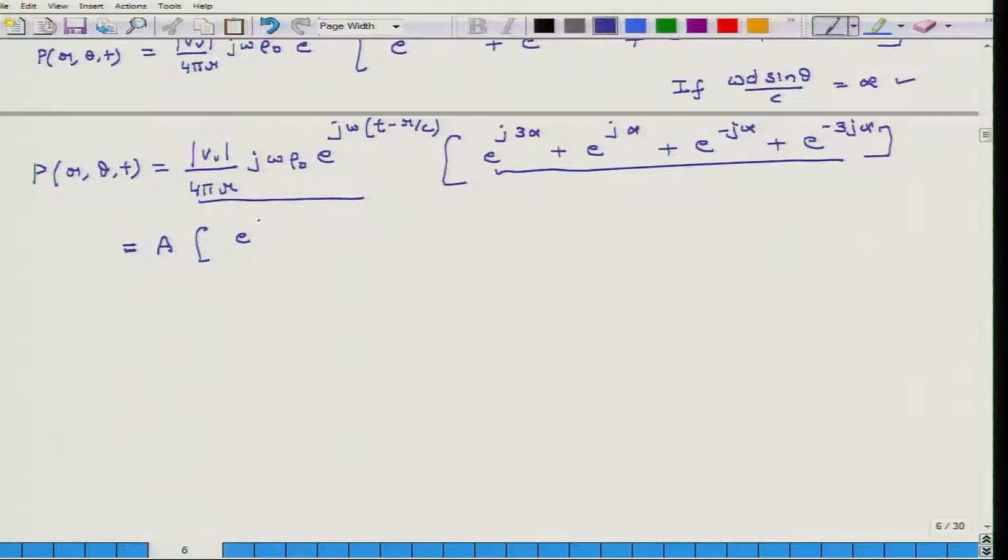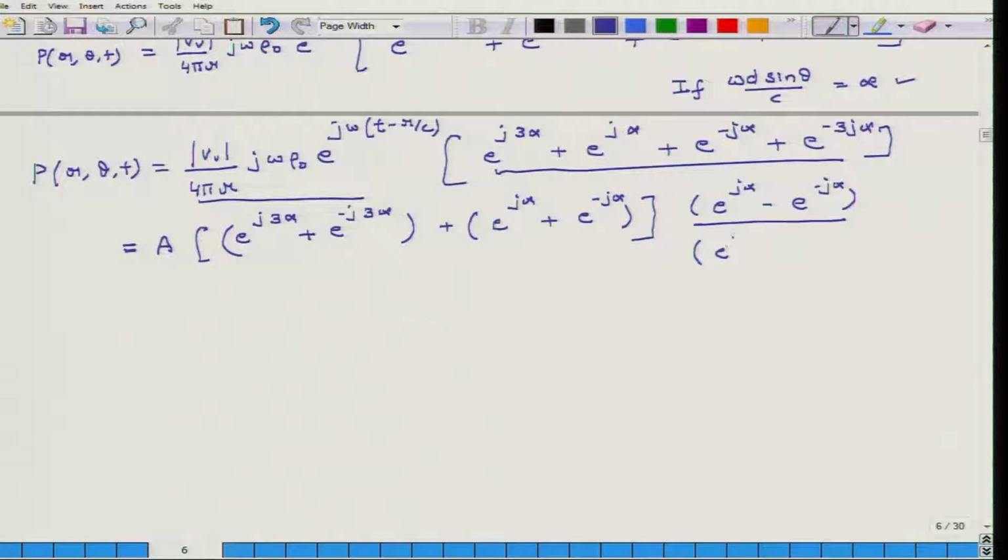I will call it exponent j 3 alpha plus exponent minus j 3 alpha, plus exponent j alpha plus exponent minus j alpha, and what I do is I again multiply and divide it by a common term, which is E j alpha minus E minus j alpha, divided by E j alpha minus E minus j alpha.